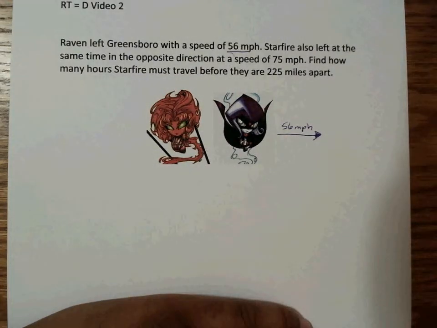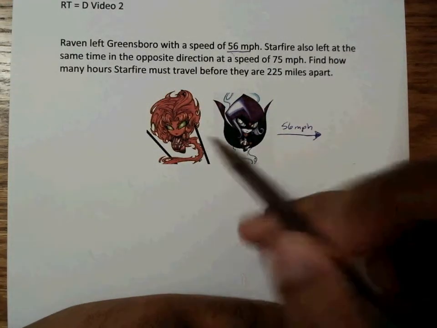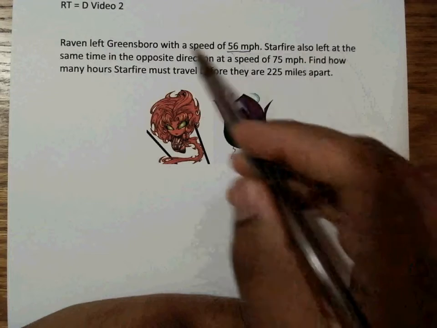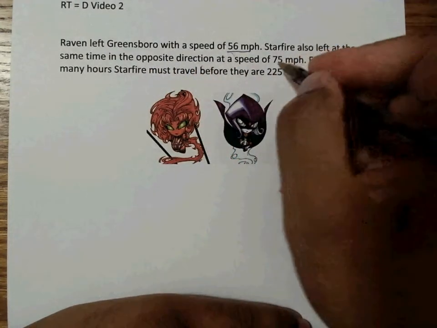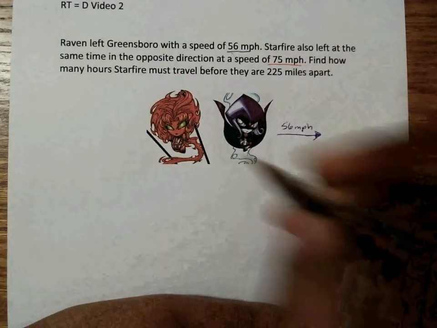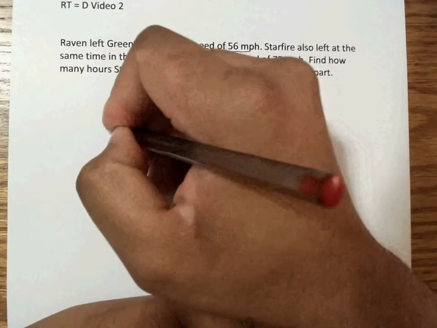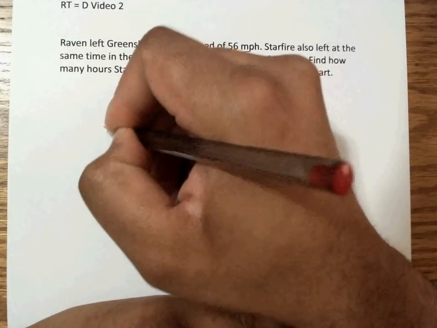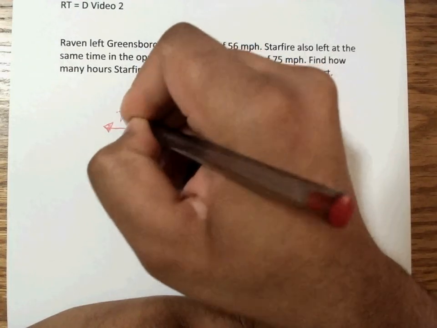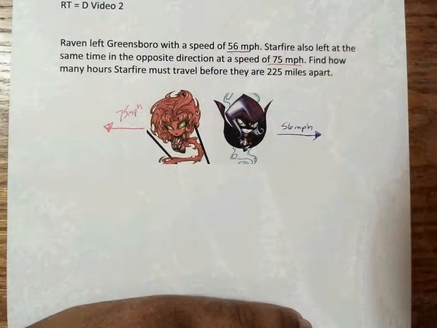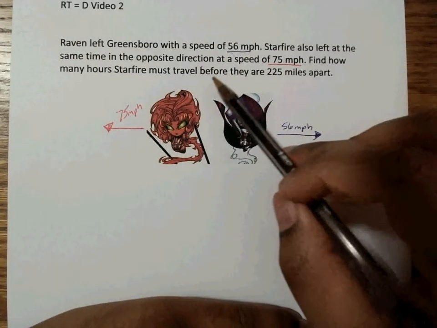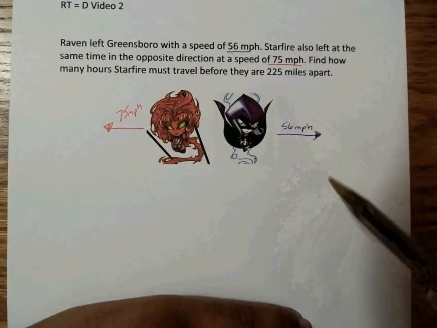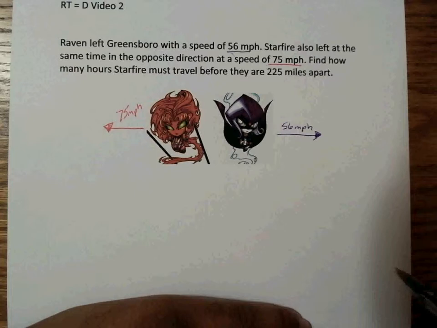As we continue to read, it says Starfire also left at the same time in the opposite direction at a speed of 75 miles per hour. So Starfire is going this way at 75 miles per hour. And it says find how many hours Starfire must travel before they are 225 miles apart.